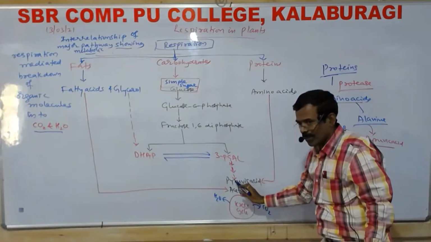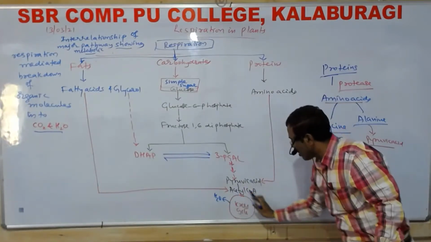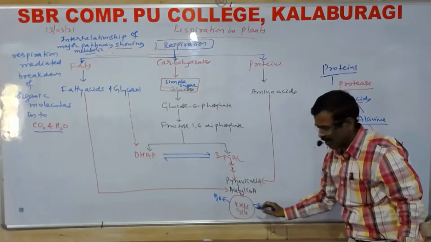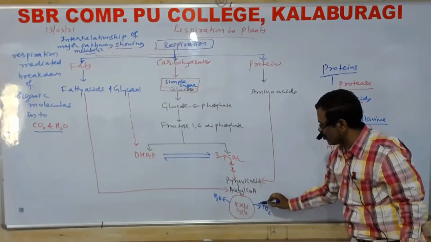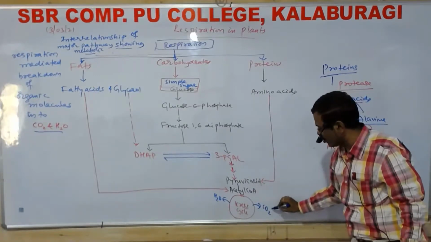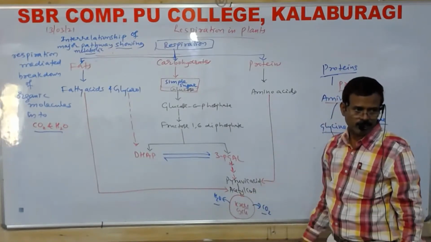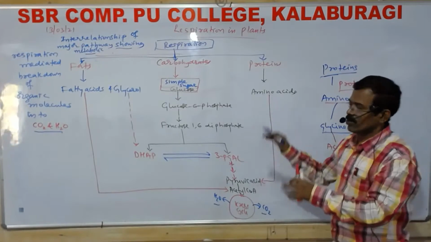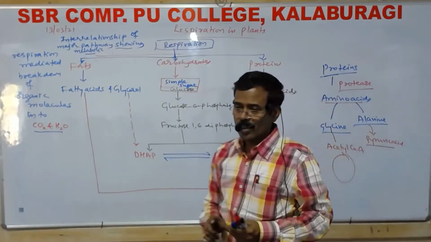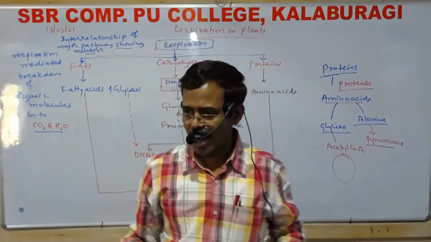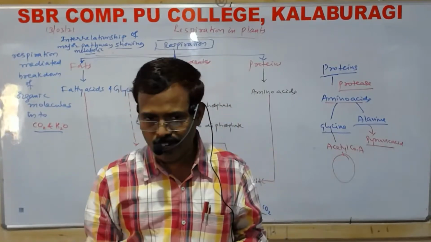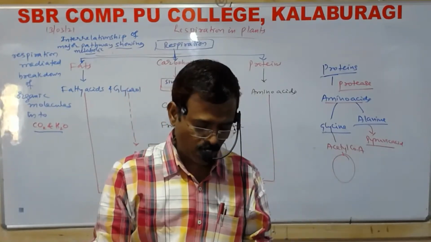Ultimately, you get either pyruvic acid or acetyl coenzyme, then there will be operation of the Krebs cycle, and acetyl coenzyme is completely decarboxylated into carbon dioxide and water. Right? So try to remember this, very important. This Krebs cycle is called an amphibolic pathway.